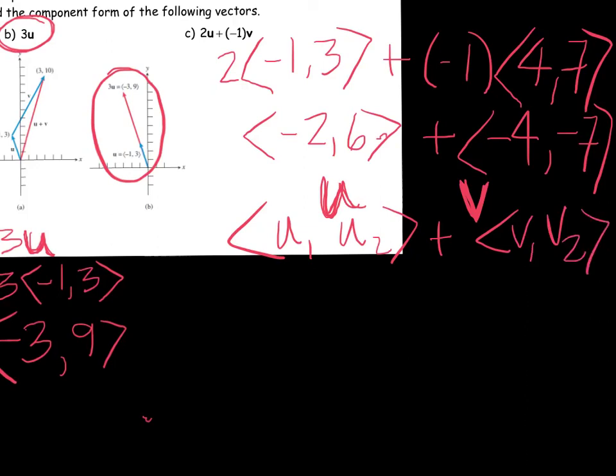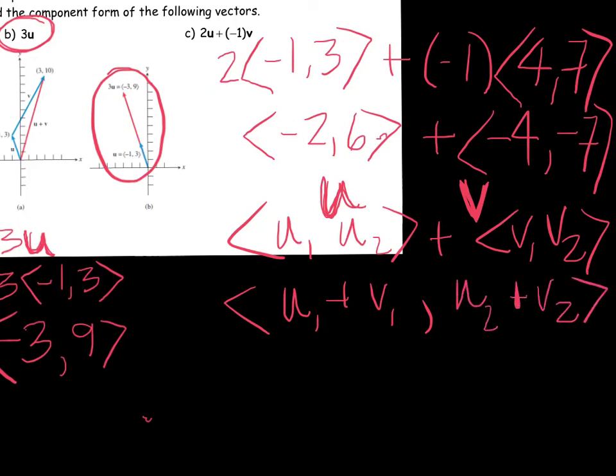So I've changed them, and now I'm going to have a resultant vector. I'm going to use that property of u1 plus v1, and then u2 plus v2.